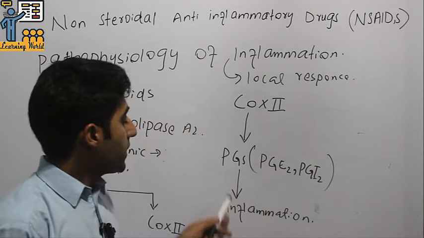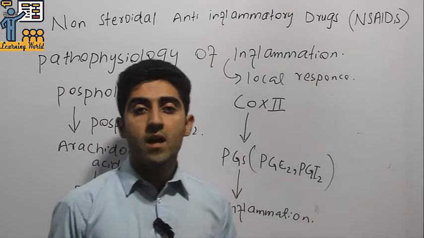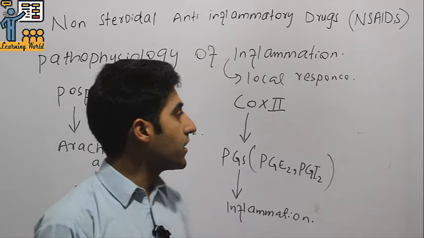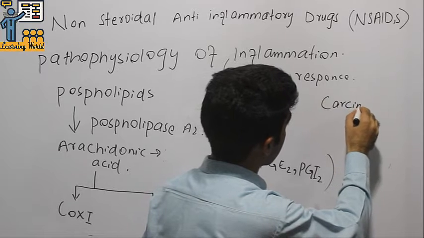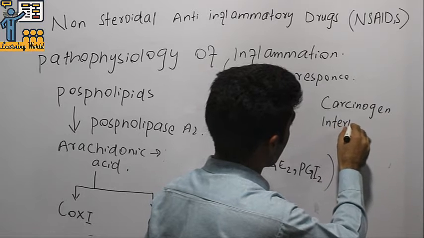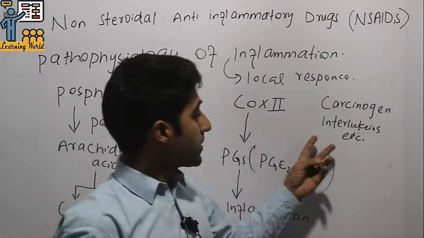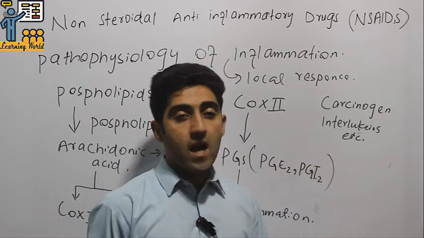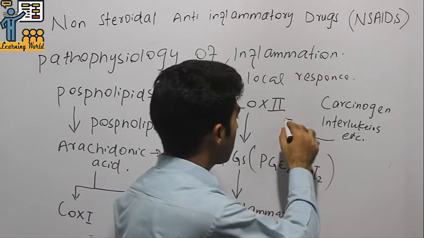So these prostaglandins cause the inflammation, but how is the COX-2 enzyme activated? When some injury or infection occurs, some types of chemicals are released, such as cytokines, interleukin, etc. When these chemicals are released at the site of infection or injury, they will activate the COX-2 enzyme.